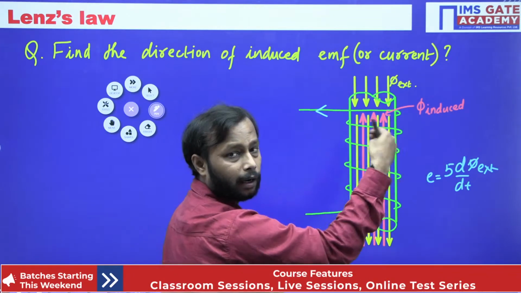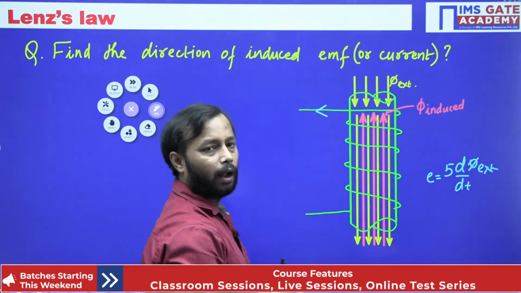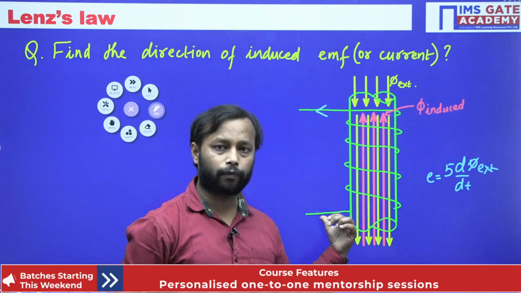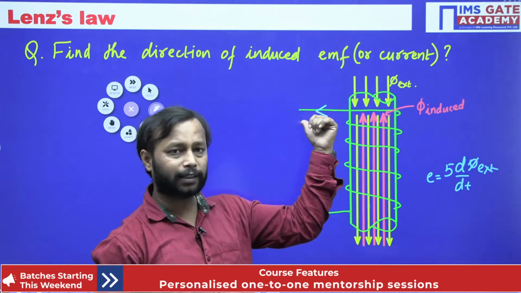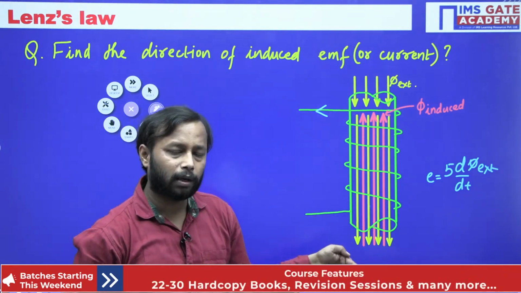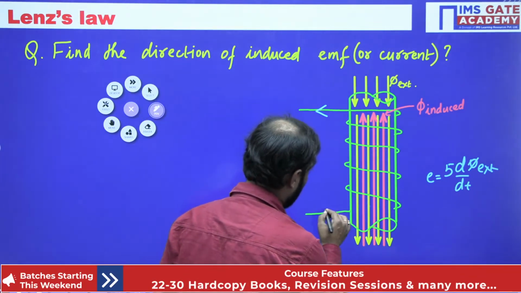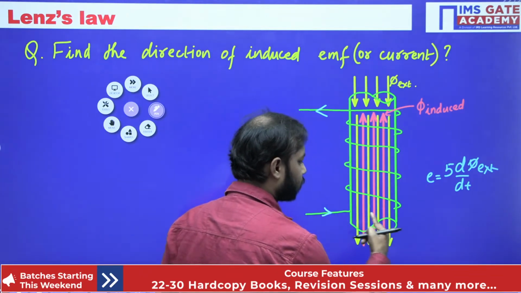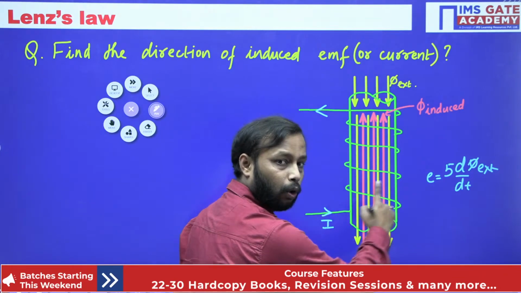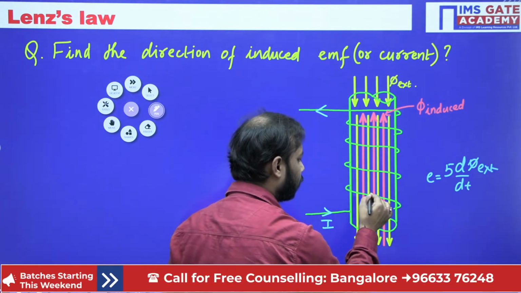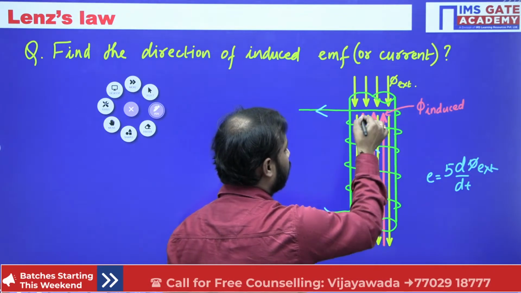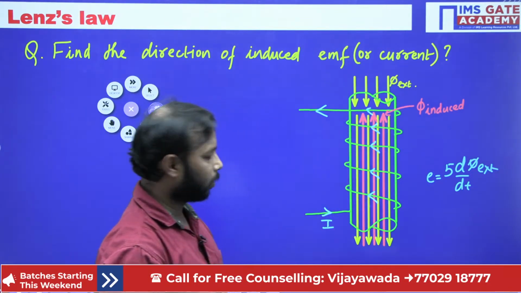From the front side it is from right to left, and from the back side it is from left to right, like this. So this current will go towards the back side, and it will come at the front in this manner. The direction of the current will be like this, isn't it?